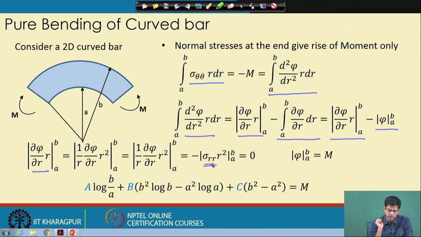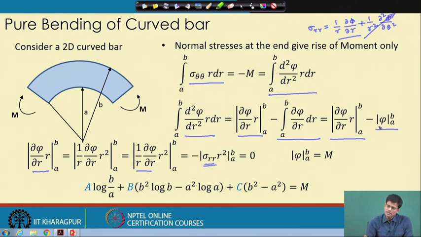If you look carefully, sigma rr is 1 by r d phi by dr plus 1 by r square into d2 phi by d theta square. That second term will be 0, so only this term is there, and it becomes our sigma rr. Now, sigma rr is essentially 0 at a and b, because that is our other boundary condition which we have already satisfied earlier. So, this term becomes 0.